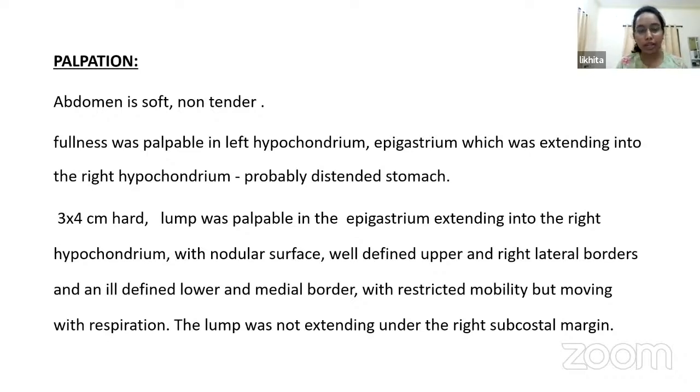And on palpation of that fullness, it would easily give way, and the fullness would disappear under my fingers. So I would think that it was gastric contents getting displaced under my hand, which was palpable, sir. And on inspection, it was fullness which was visible. So I have kept it as fullness which was palpable, sir.